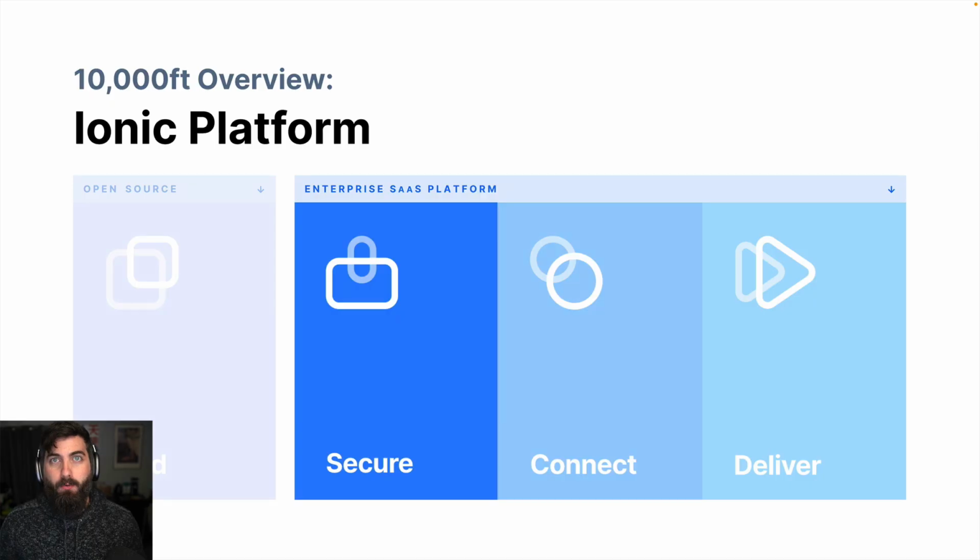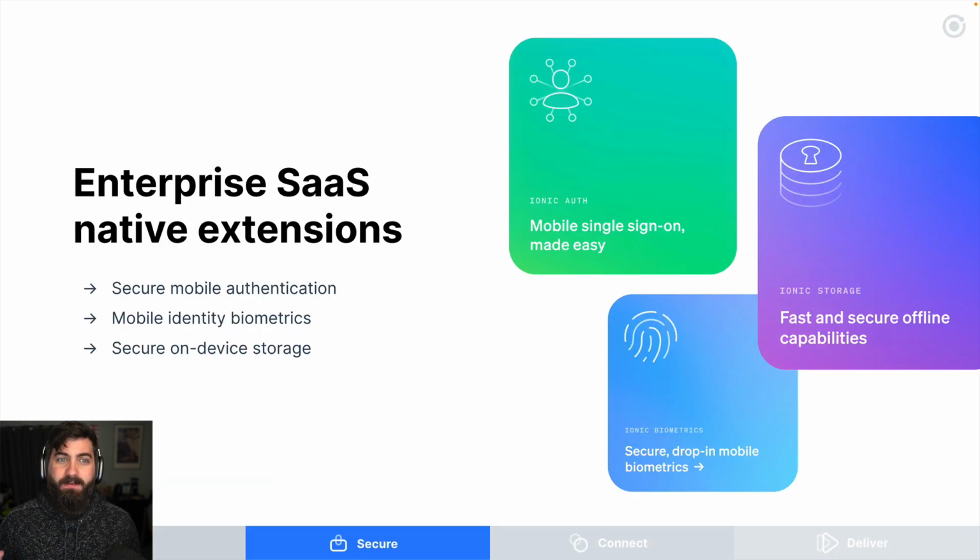Awesome. Now, we've just gone over the very basics of how to get started with Ionic and its open source stacks. What about these other pillars that Ionic tries to focus on? What about secure? Well, our secure platform involves three different aspects: Ionic authentication, storage, and biometrics.